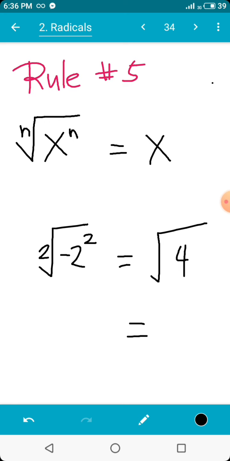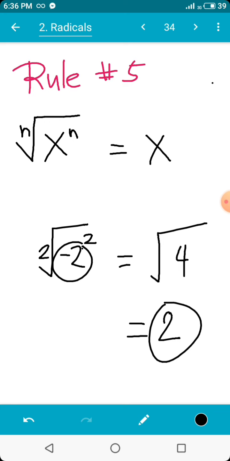And pag kinuha nyo yung square root ng 4, that is 2. So, hindi naging same yung sagot sa radicand at saka yung sagot na lumabas. Okay? So, hindi na-apply ng rule number 5 na ito lang din yung lalabas. Again, kapag meron tayong square root and in-square siya pero negative yung radicand, hindi lalabas na sagot yung radicand mismo. Okay? Kasi yung isa positive, yung isa negative. Okay?